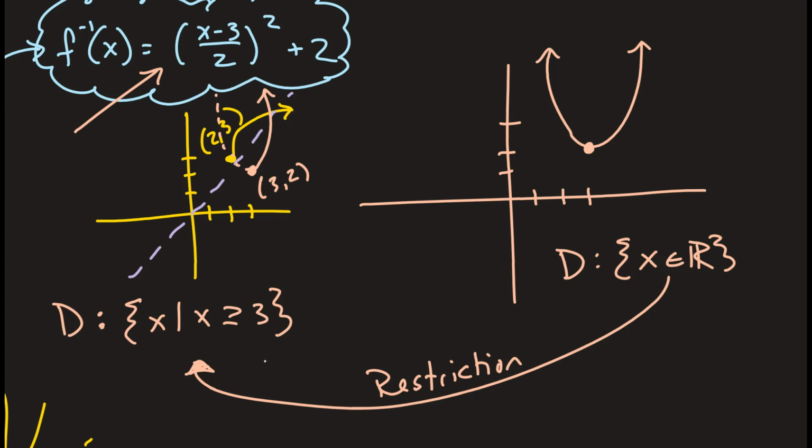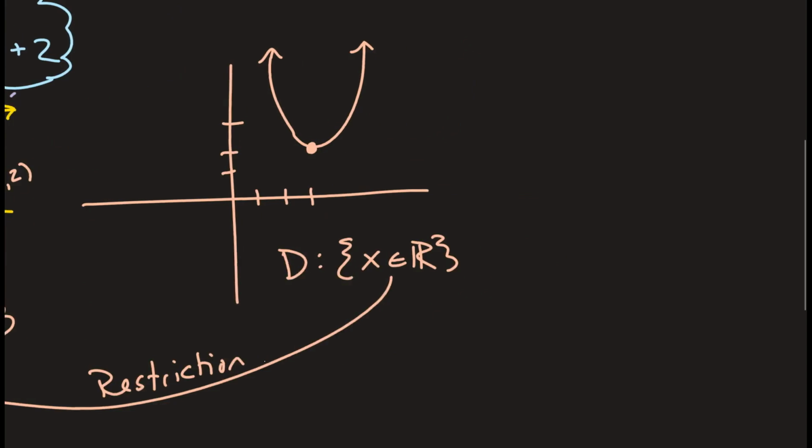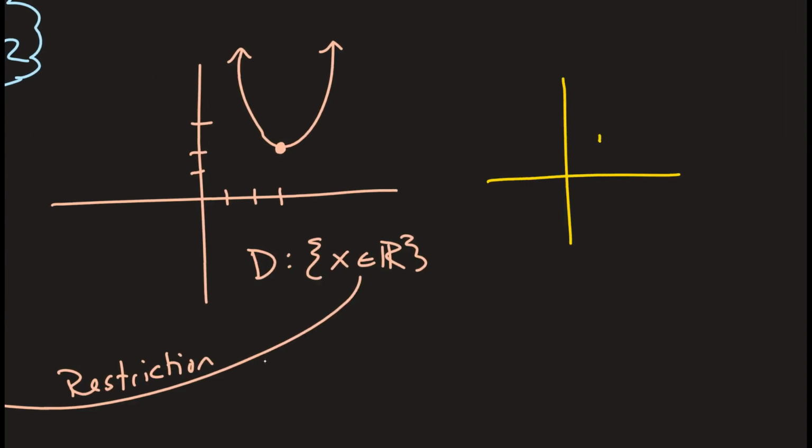Yes? How do you know which way to draw your line? I just remember that a normal, not reflected radical goes like that. You just have to memorize that. If it's reflected vertically, what does it look like?